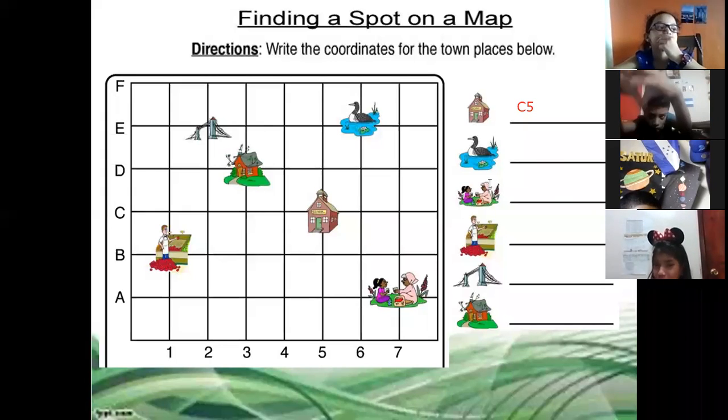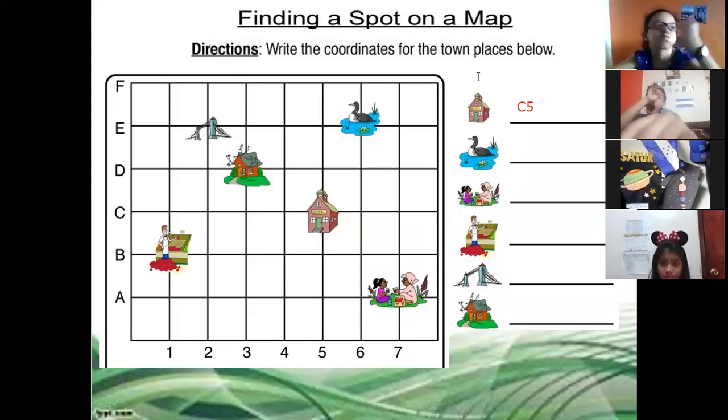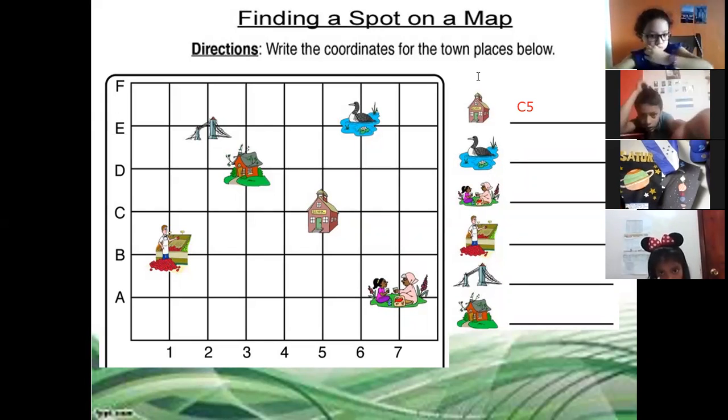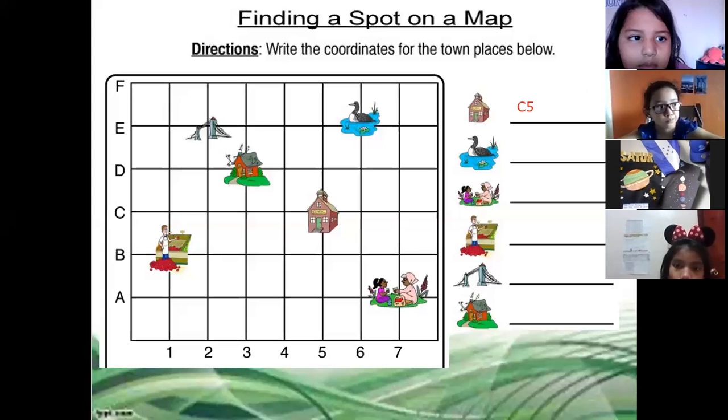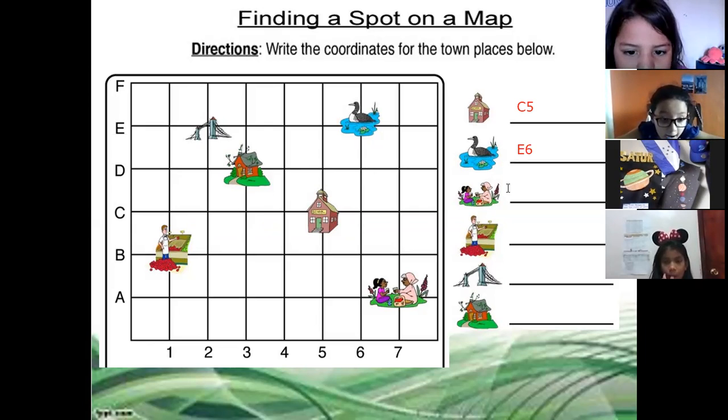That's the homework. Wait, please, wait. Second drawing is a pond. This is like a pond with a dog. Where is it located? E6. E6, exactly. These 2 girls are on a picnic. Where are they?